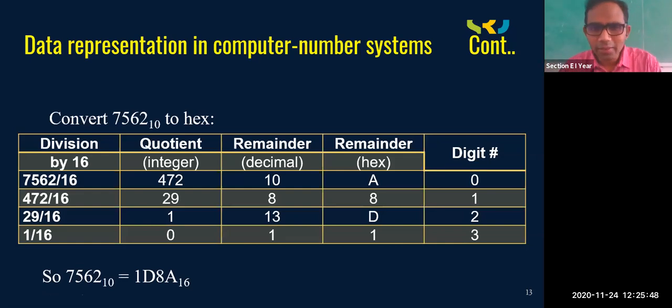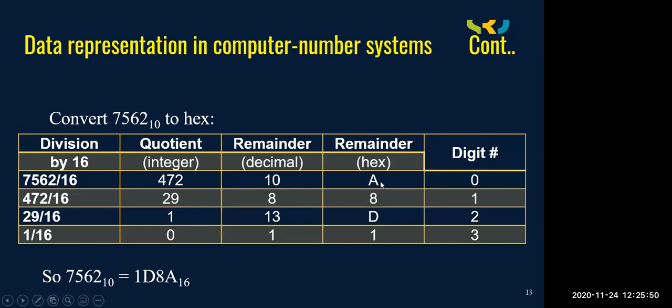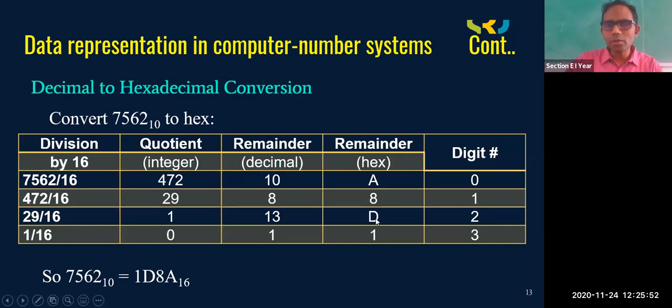I'll remove that in the slide. First we got this A, then we got 1, then we got D, then we got 3. That is my intention there. That digit is wrong.